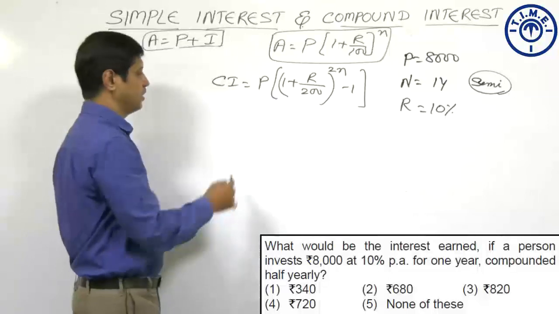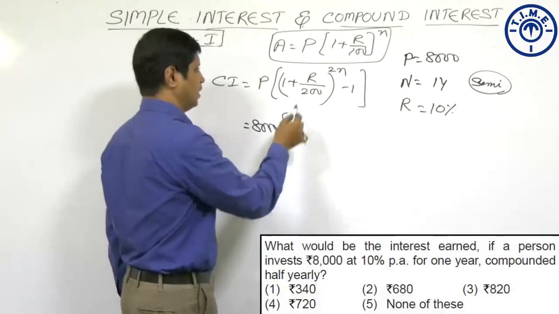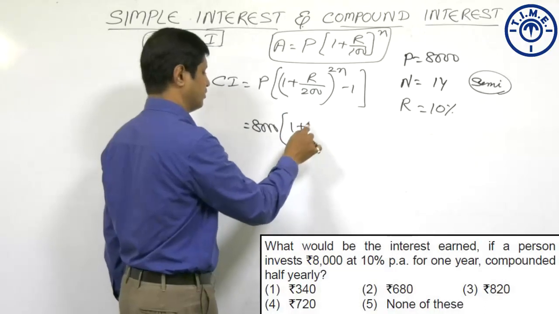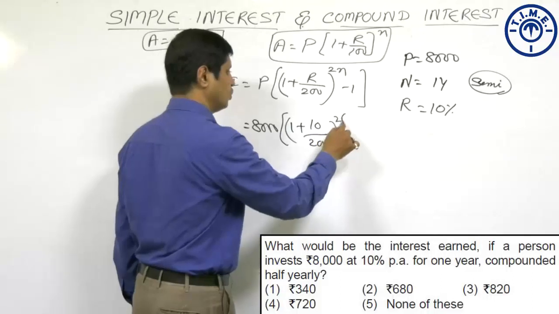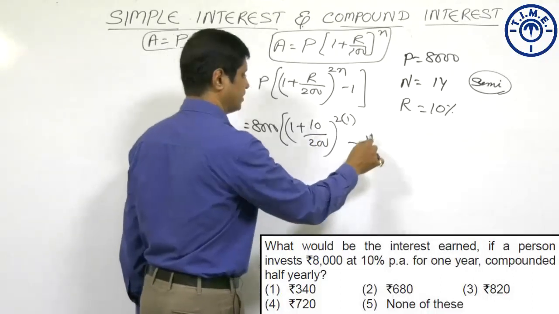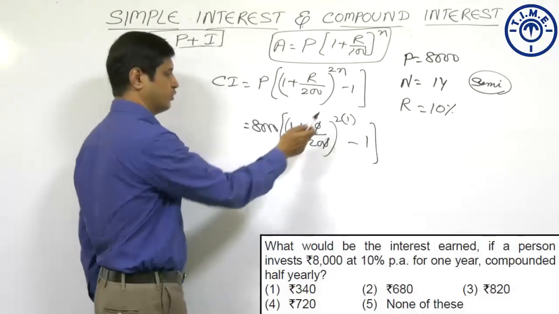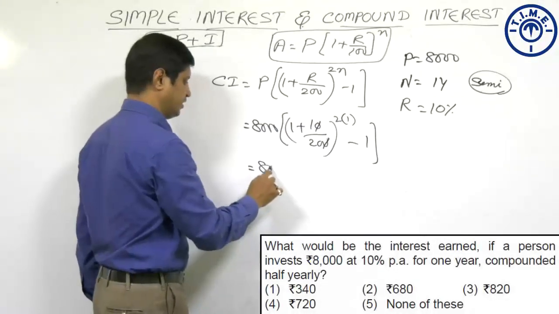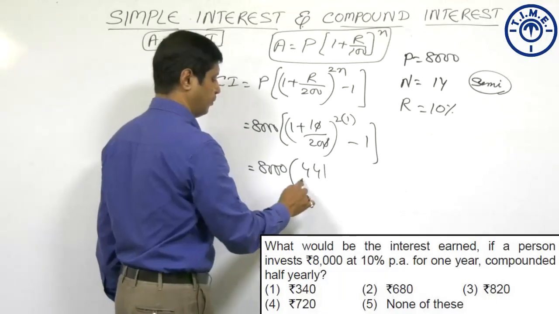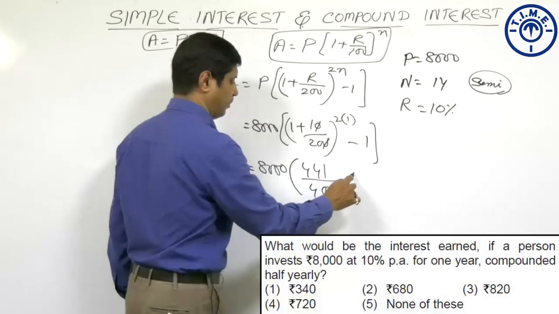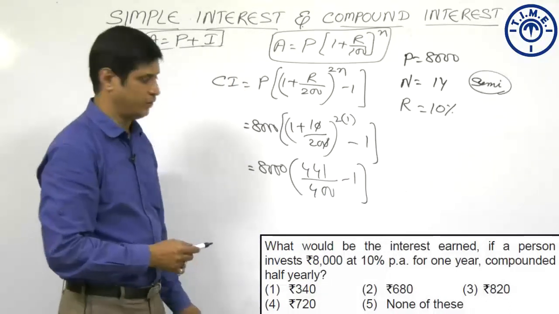Now, substitute the values. P is 8,000, R value is 10, so 1 plus 10 by 200 power 2 into 1, as the number of years is 1. Zero to zero we can cancel, 20 plus 1 is 21, 21 square, so it is 8,000 into (441 by 400 minus 1). 21 square is 441.